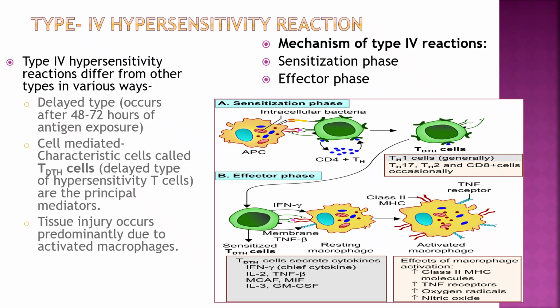Then in the effector phase, these sensitized TDTH cells produce interferon alpha and tumor necrosis factor beta, and then resting macrophages get activated. The sensitized TDTH cells secrete cytokines, that is interferon alpha, interleukin 2, TNF beta, then interleukin 3. Then these activated macrophages cause activation of class 2 MHC molecules, increase tumor necrosis factor receptors, oxygen radicals, and increase nitric oxide.